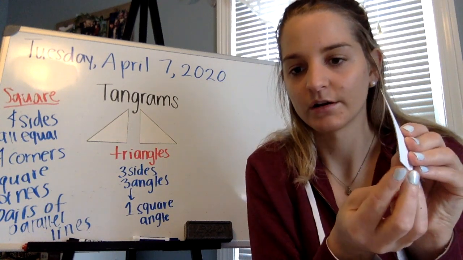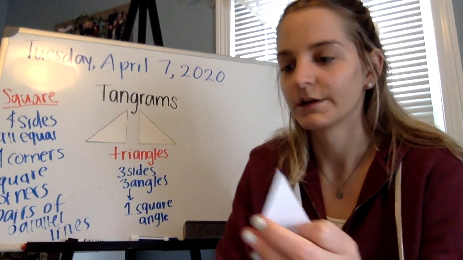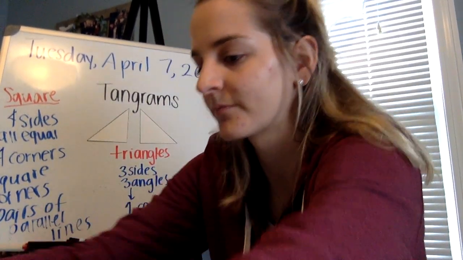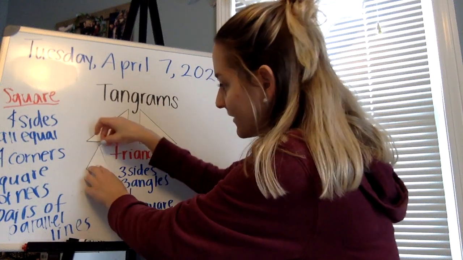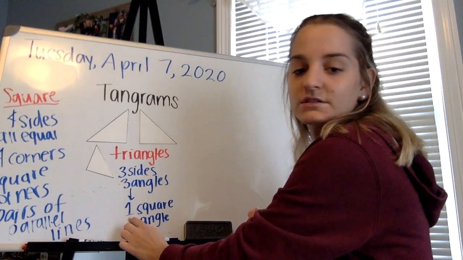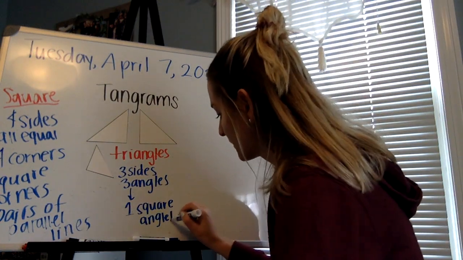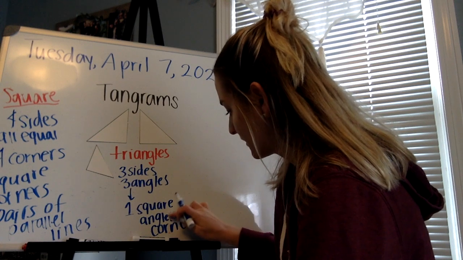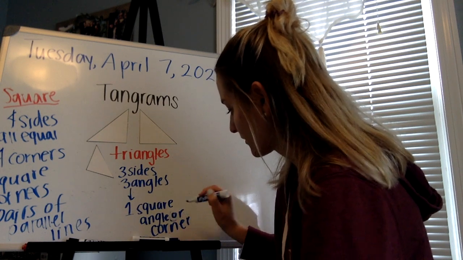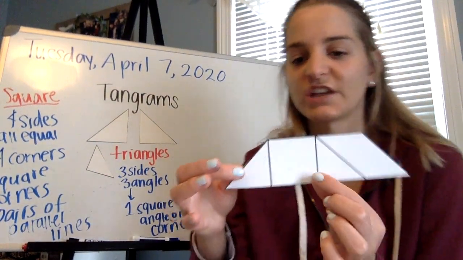This corner is perfectly matched to our square corner. So let's add this triangle with our other triangles, okay? That have 1 square angle or 1 square corner. We can also call it, okay? Angle or corner.